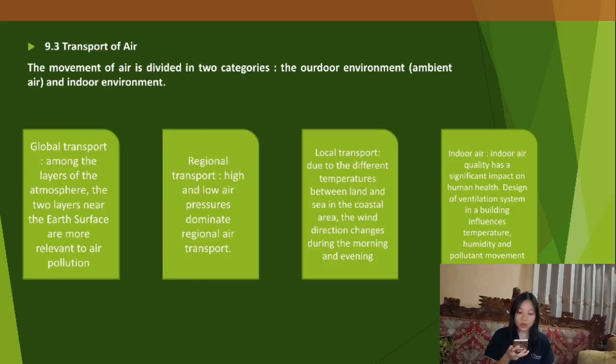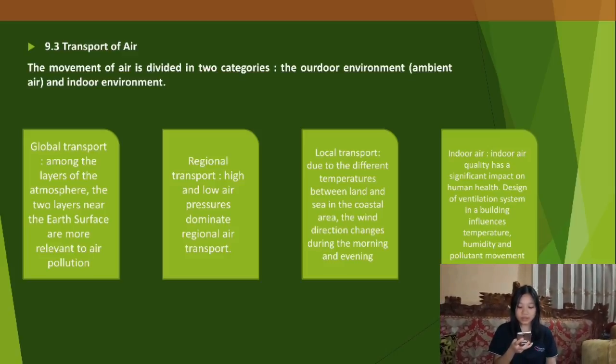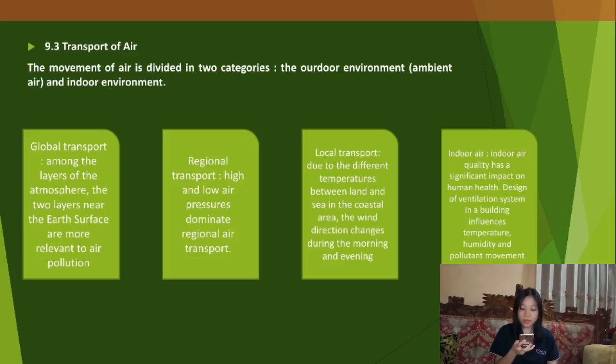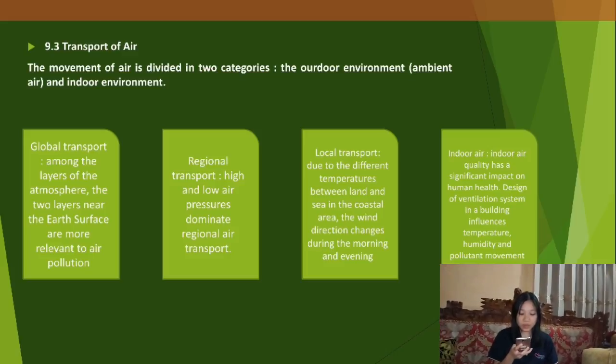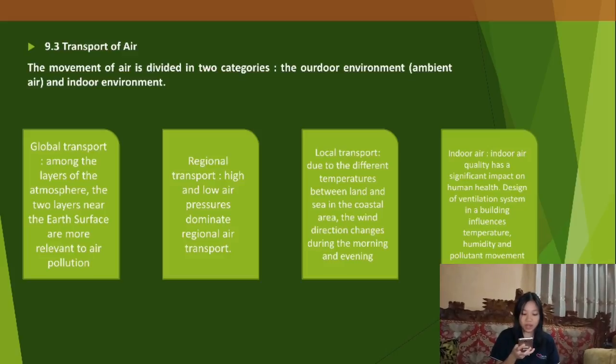9.3 Transport of air. The movement of air is divided into categories: the outdoor environment, ambient air, and indoor environment. Global transport. Among the layers of the atmosphere, the two layers near the Earth's surface are more relevant to air pollution.